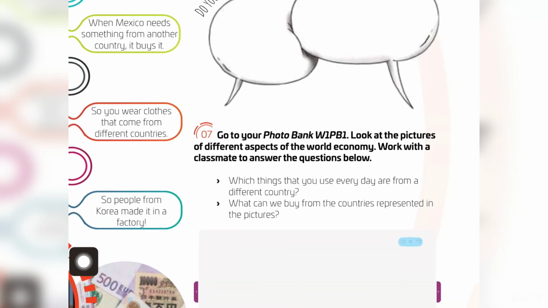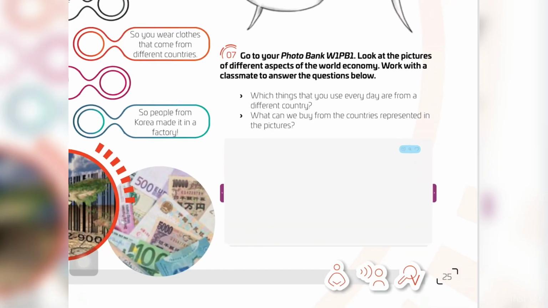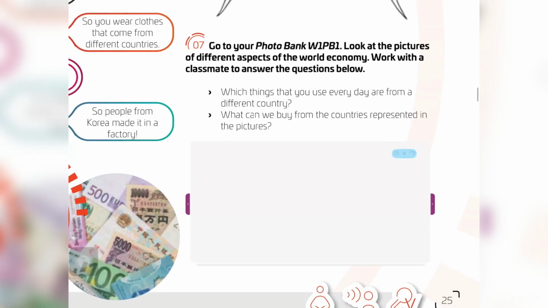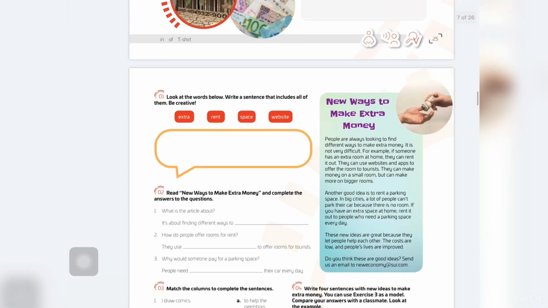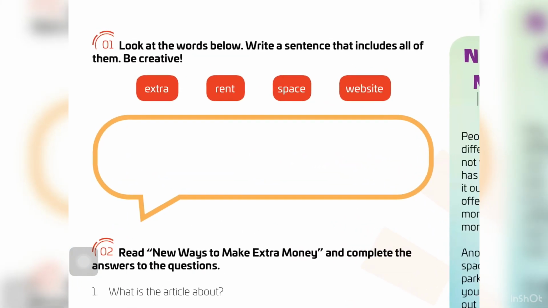We are not going to say anything about point number 7 because we are going to work on this in class, so don't worry. On page 26, look at the words below. Write a sentence that includes all of them. Be creative.